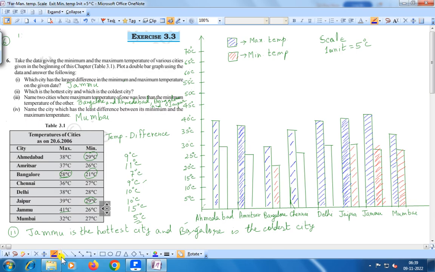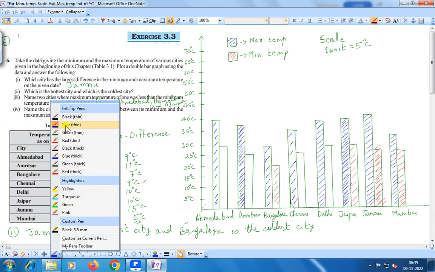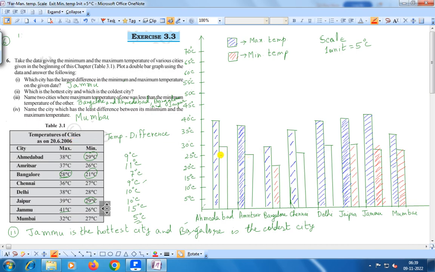And these are in red color. This bar is in red color, this one is red.